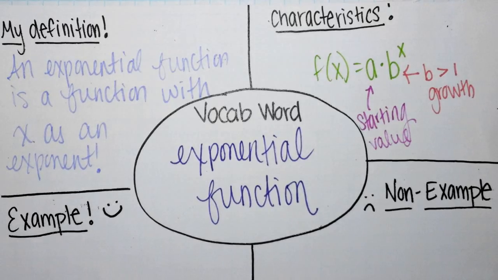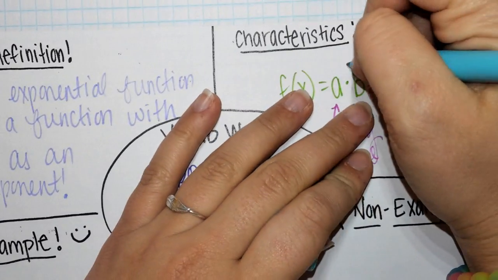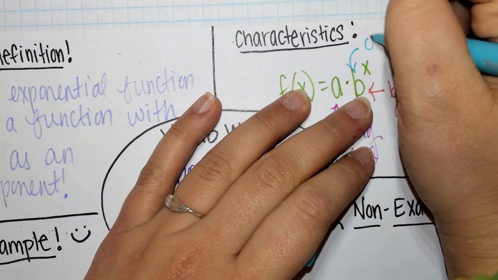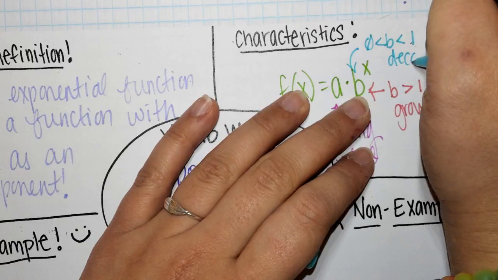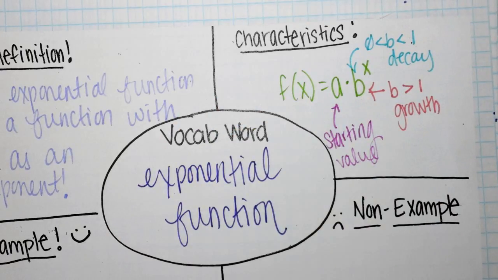So if we want to decay, B has to be greater than 0 but less than 1. So if it's greater than 0 but less than 1, it's a decay. So what about 1/2? What about 3/4? What about 0.75?